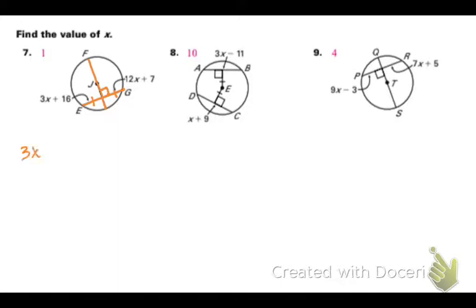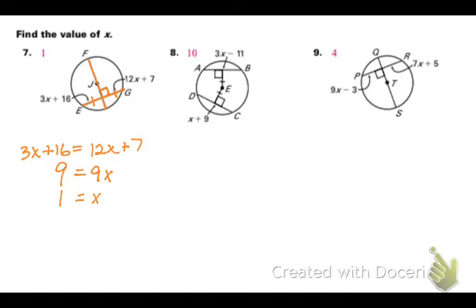So we set 3x plus 16 equals 12x plus 7. 12x minus 3x is 9x. 16 minus 7 is 9. x is equal to 1.